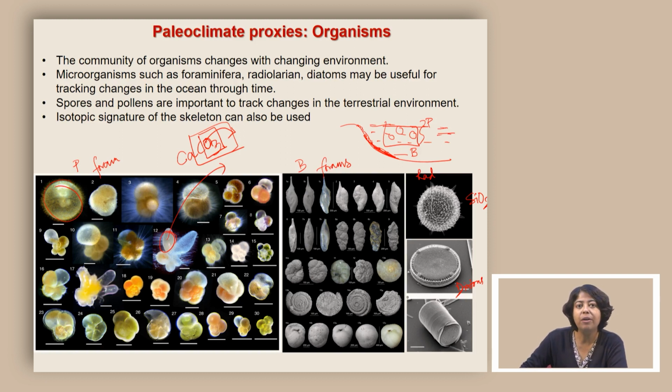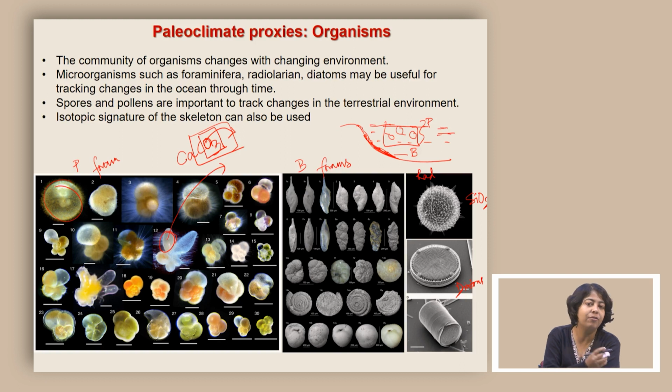Now, so far we have talked about the marine conditions, and there are ways to do it for terrestrial conditions too. Spores and pollens, which are basically the seeds of different types of plants, have very high preservation potential.